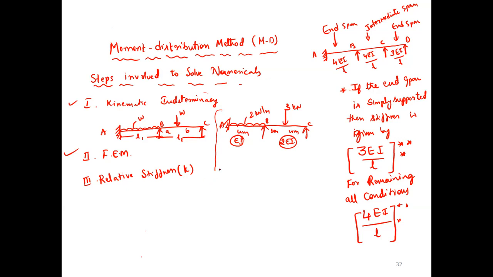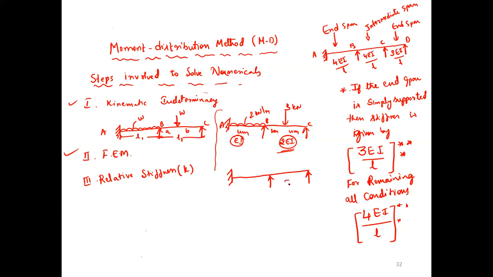This one is simply supported and this one is not, so this is 3EI by L. What is EI? 2EI. 3 into 2, 6EI by L, so it is 6.